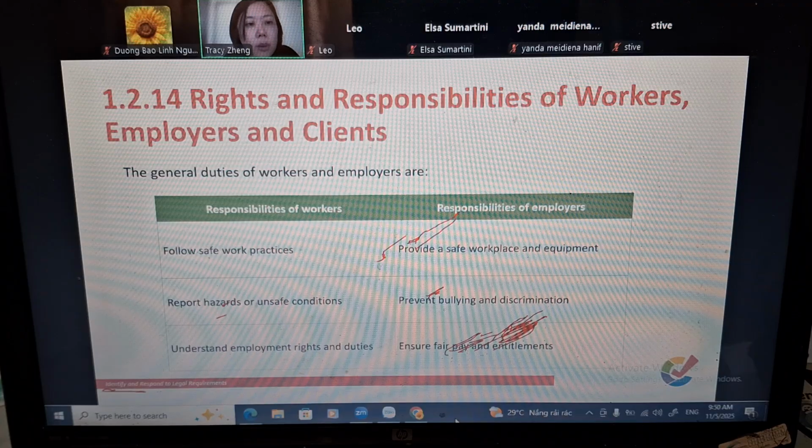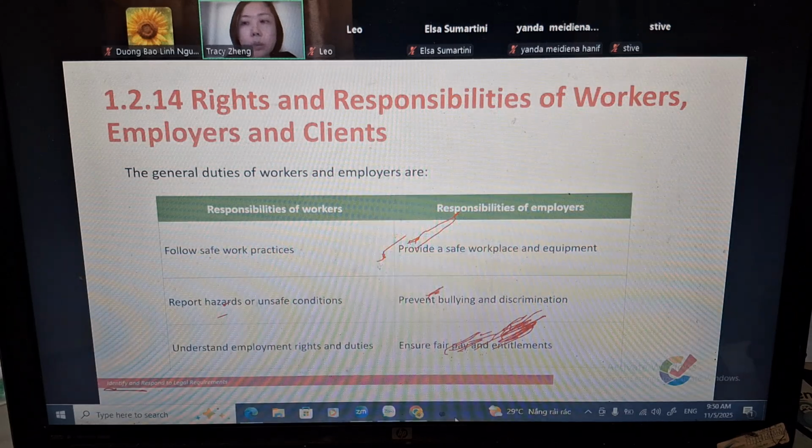That is showing you the three main responsibilities as a worker and also the responsibilities as an employer. So as workers, you must follow safe work practices. Whatever we do, the care and services need to make sure they are not causing any harm to our clients or others.